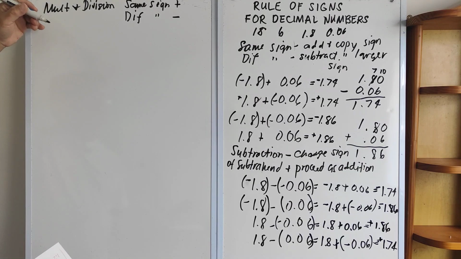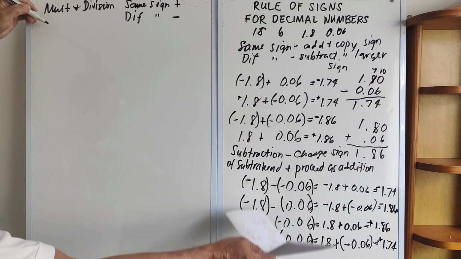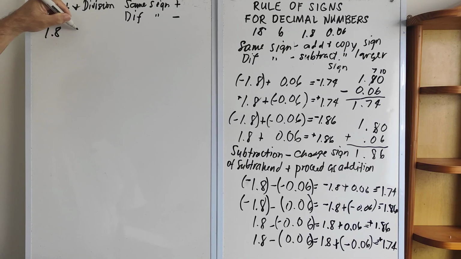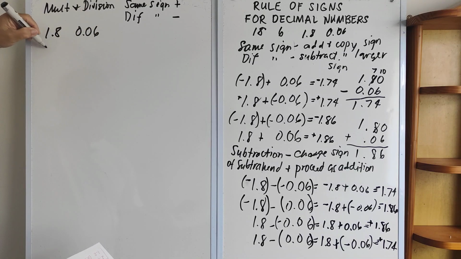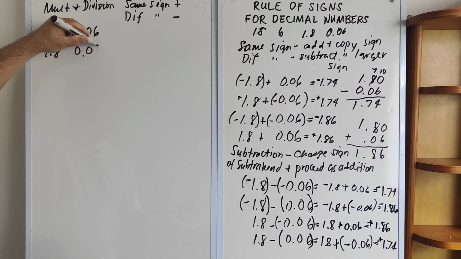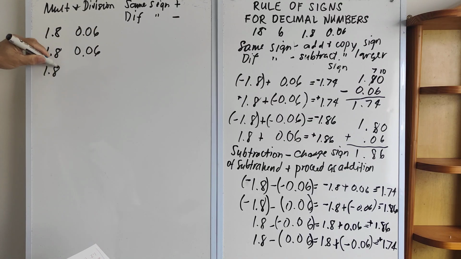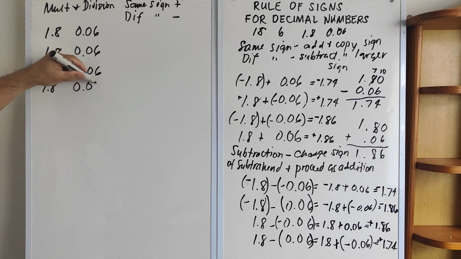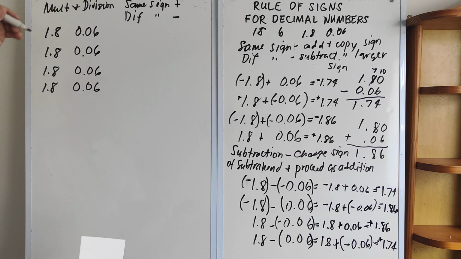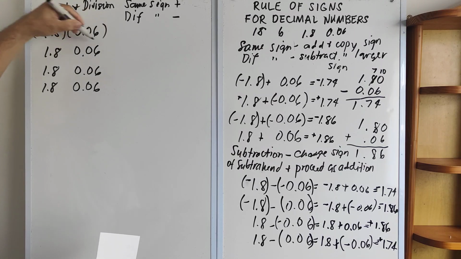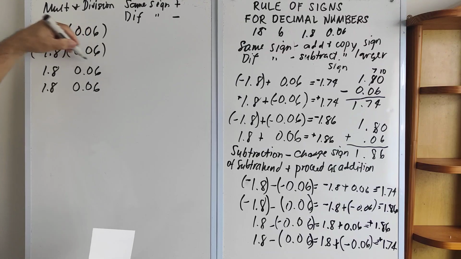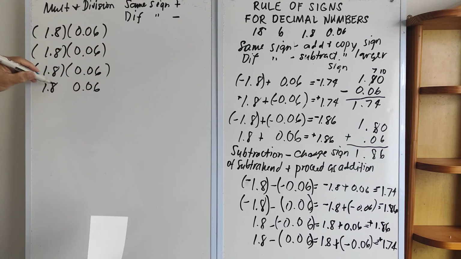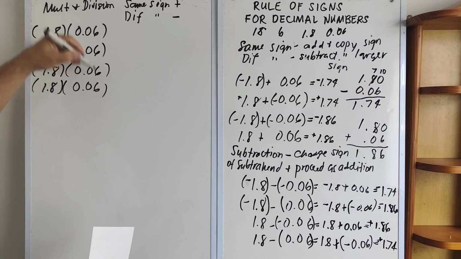So let's say we put four numbers again, 1.8, 0.06, 1.8, 0.06, 1.8, 0.06, and then 1.8, 0.06. So they are all multiplication. So we just put it in parentheses. So this is now multiplication.